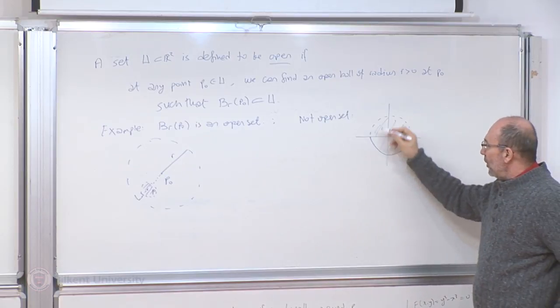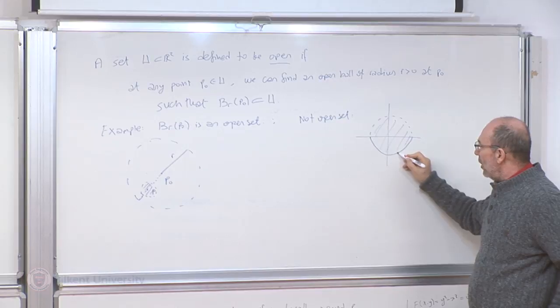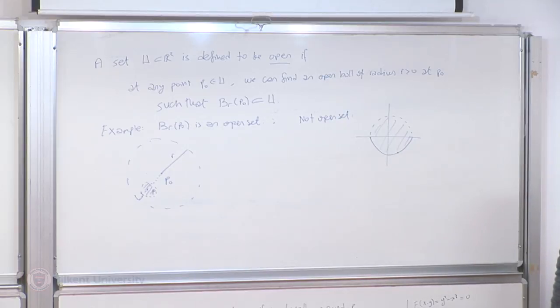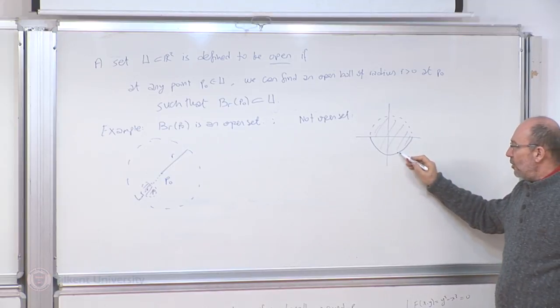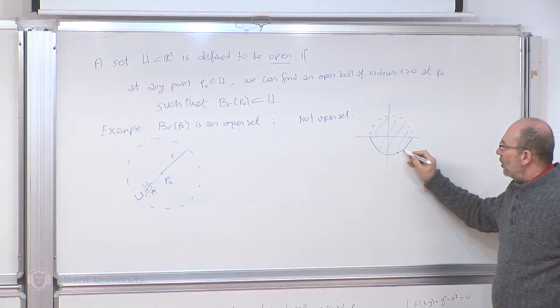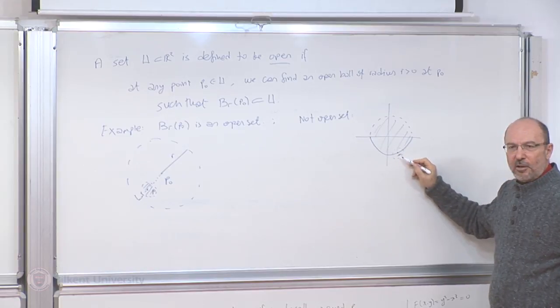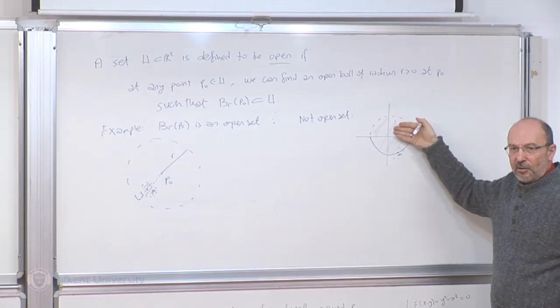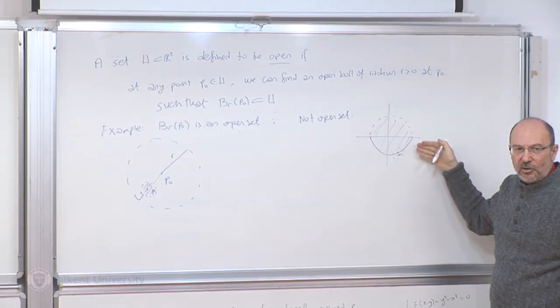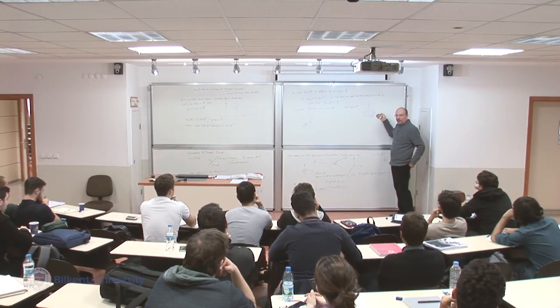But in this picture, the notation tells me that I also take this point as a point of the set. But here you see that this is just at the edge. No matter how small a ball I put here, there will always be points outside the set. Okay, so this condition is not satisfied for this set.